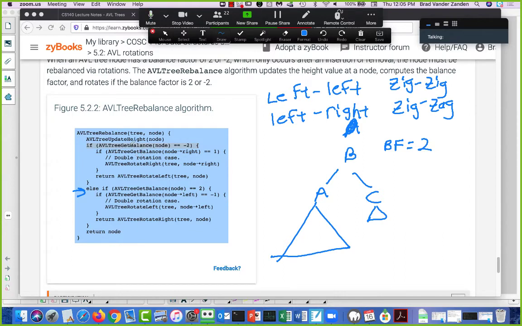But when we're done, then we return the original node. So if we had rebalanced about A, let's just clear this for a moment.